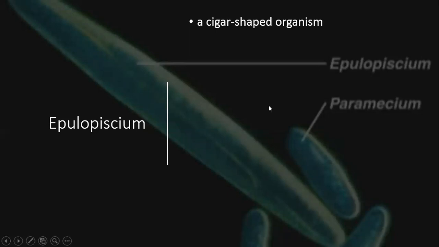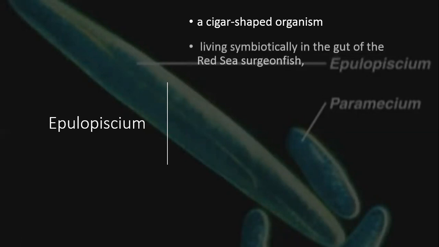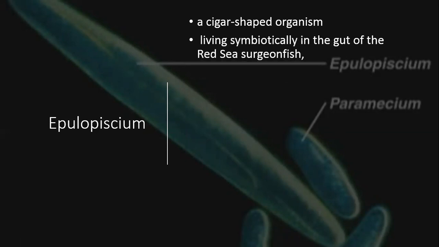Paramecium is far smaller than Epulopiscium. It is one of the giants, you can say, in the bacterial world. Its shape is cigar-shaped, and it was first found in the gut of the red surgeonfish in the Red Sea, and it maintains a symbiotic relationship with the gut of the fish.